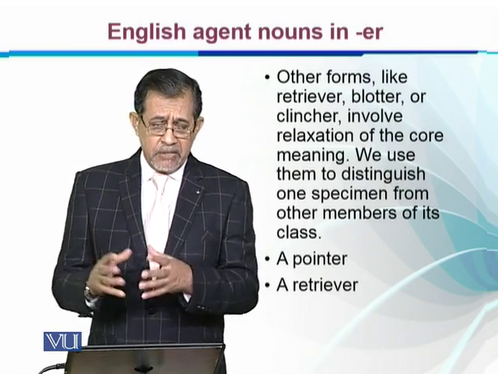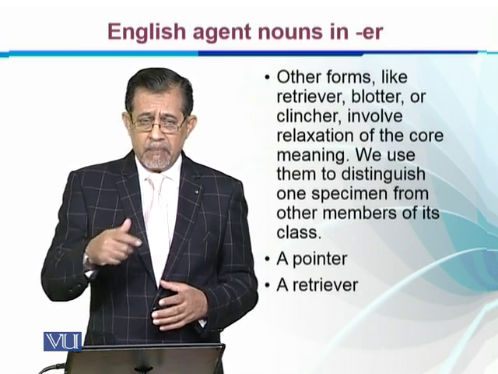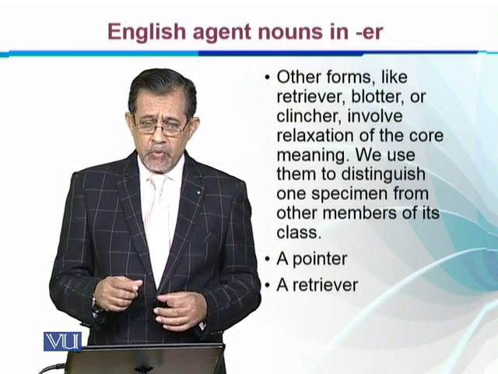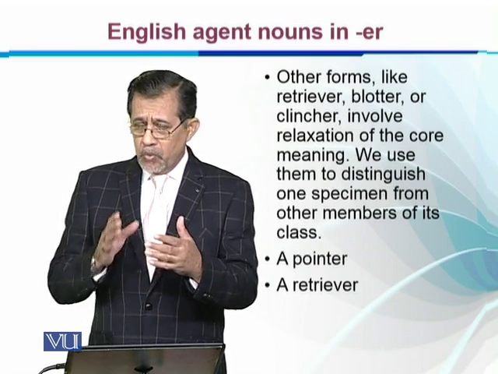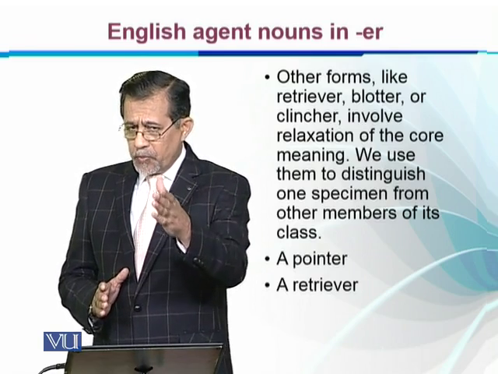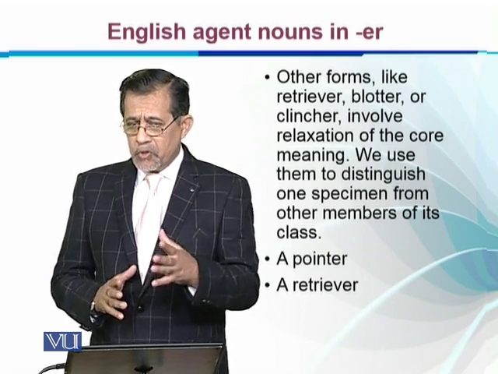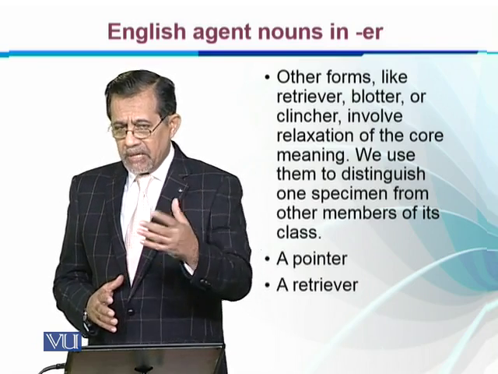For example, pointer is not a person who points. Rather, pointer is the dog who is trained in such a way that whenever certain prey is pointed out, it runs to collect it.